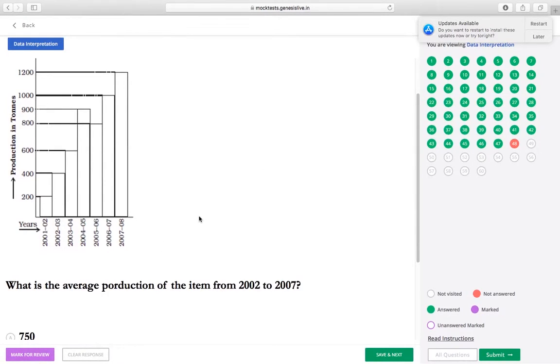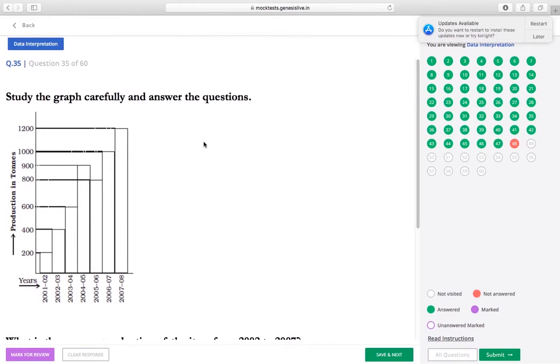What's the average production of the item from 2 to 7? Average production from 2002 to 7. 400 plus 600, that is 1000 plus 900, 1900 plus 800, that is 2700 plus 1000. So till 2700 till here, right?